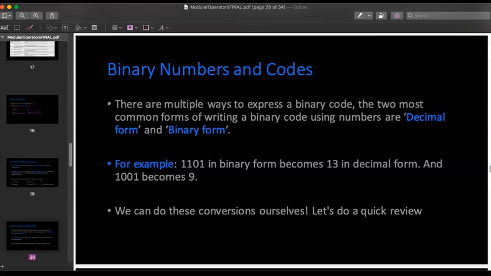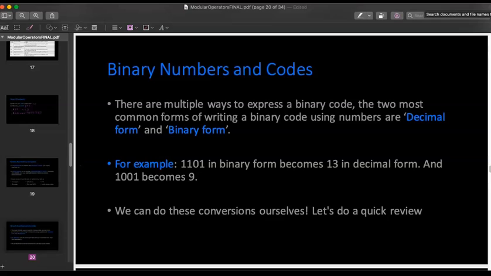So let's see. Sorry, the chat is in the way of my reading. There are multiple ways to express the binary code. Decimal form, binary, right? So decimal form is what we use when we write numbers. That's decimal form. And the ones and the zeros, that's binary.